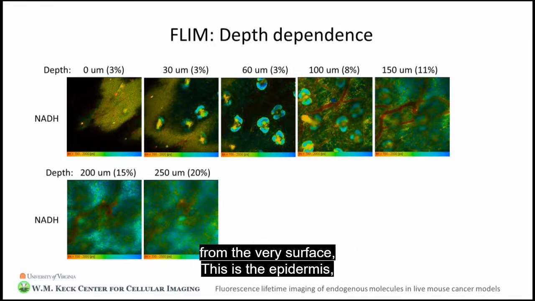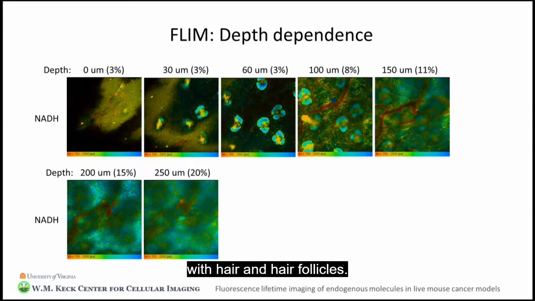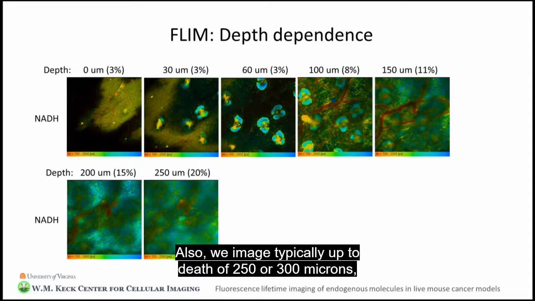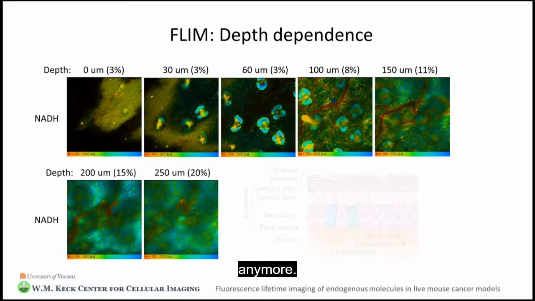This is the epidermis, which is basically the layer of dead cells. As you go deeper into the dermis, you can also see blood vessels and sebaceous glands. Fortunately, with this mouse, we don't have so many issues with hair and hair follicles. We image typically up to a depth of 250 or 300 microns, where we still can observe a lot of intensity, but not really very fine structure anymore.